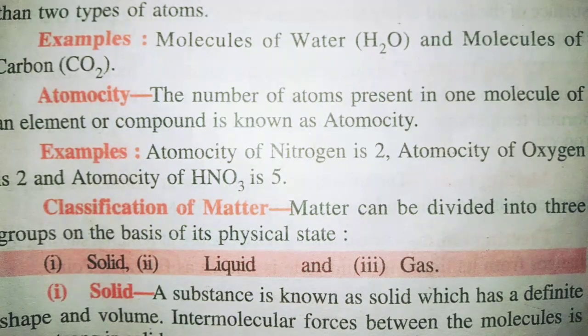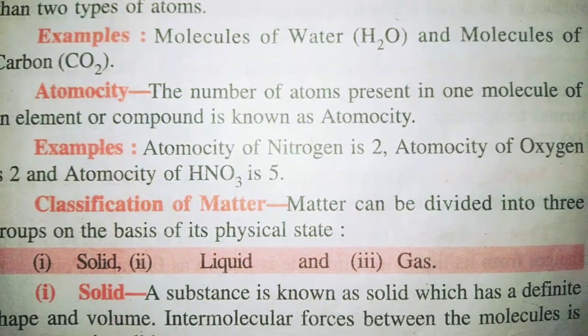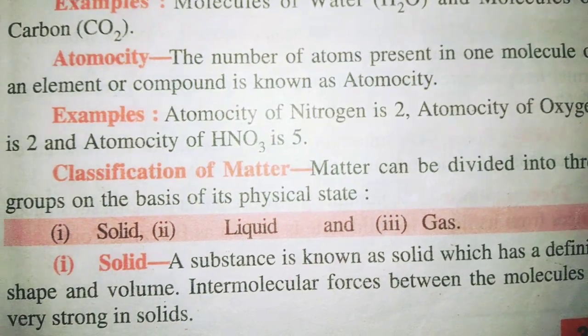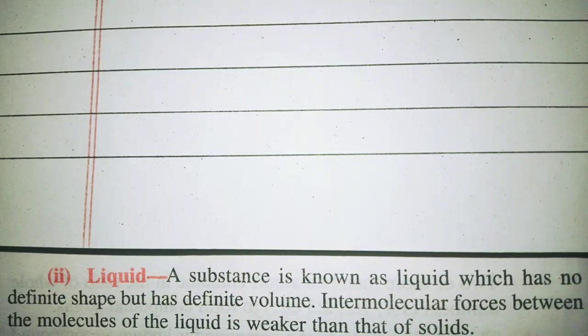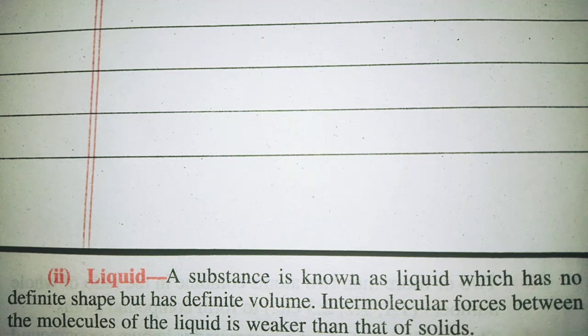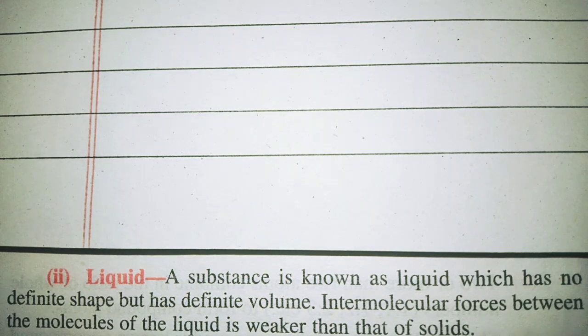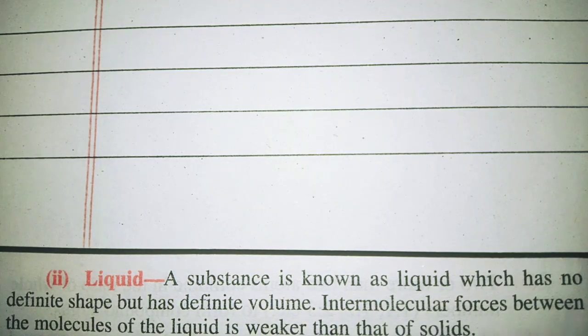Intermolecular forces between the molecules are very strong in solids. The second one is liquid. A substance is known as liquid which has no definite shape but has definite volume. Intermolecular forces between the molecules of a liquid are weaker than those of a solid.